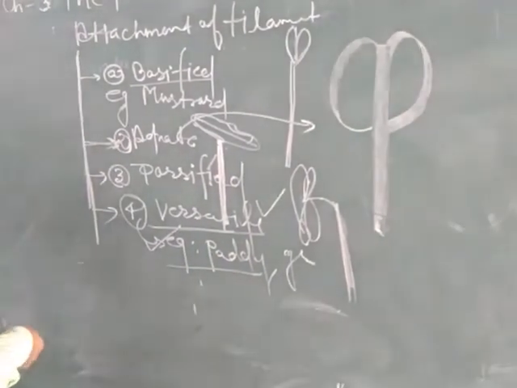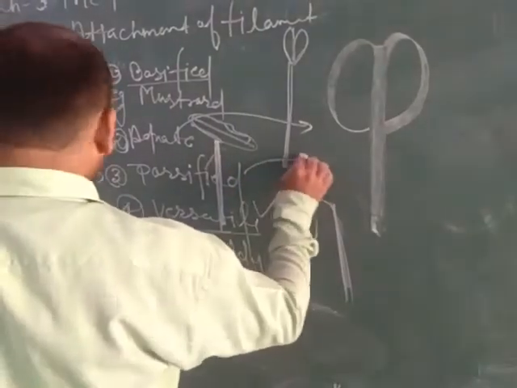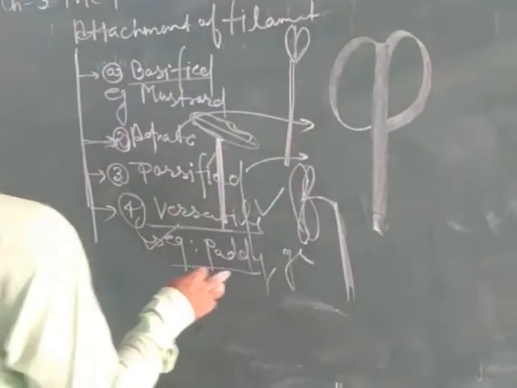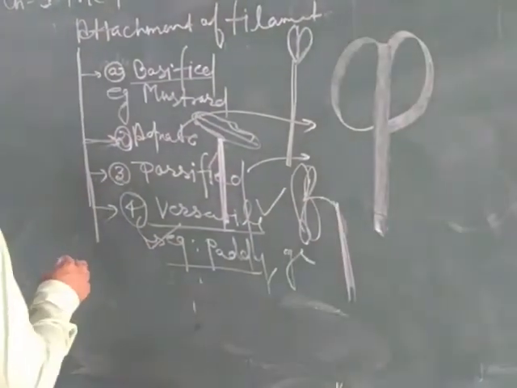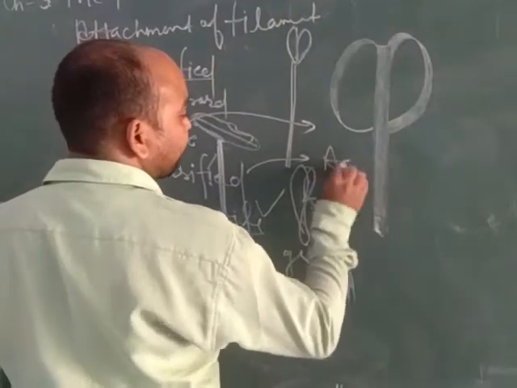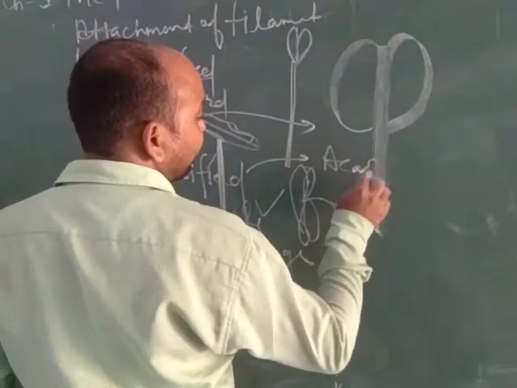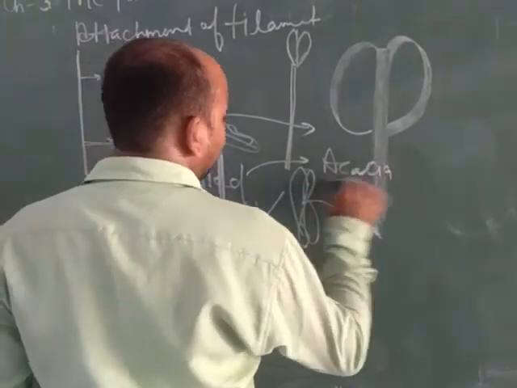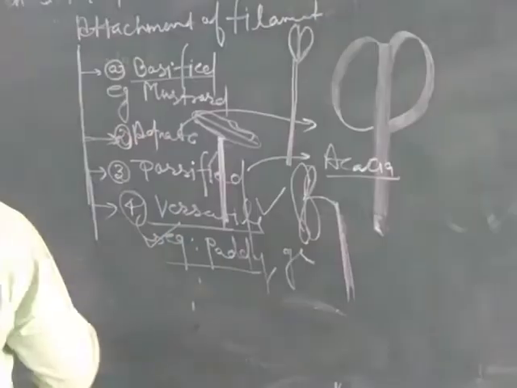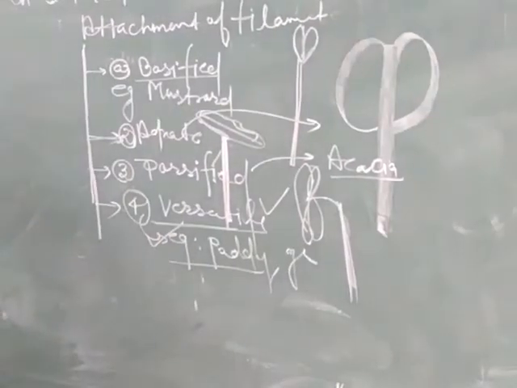In the case of dorsifixed, we can take the example of acacia. Acacia represents this type of attachment.